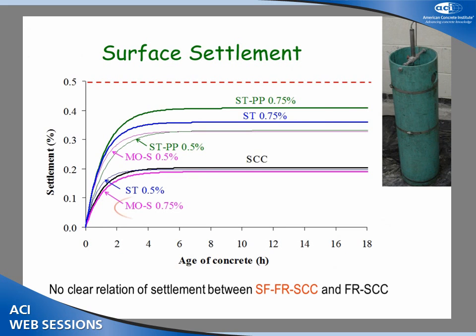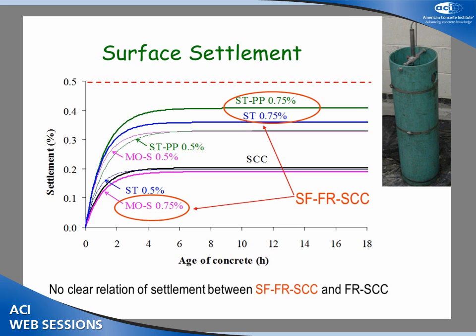So we've looked at rheology, we've looked at filling ability, filling capacity, but one of the tests that we always like to look at, in addition to segregation resistance, is the surface settlement, which is a very simple test. We've done a lot of that at Sherbrooke, and we like that test, and we'd like the value to be limited to 0.5%. This is a 2-foot column, 8 inches in diameter.